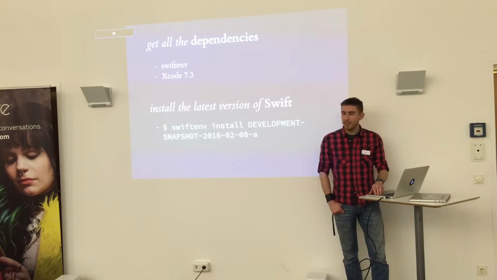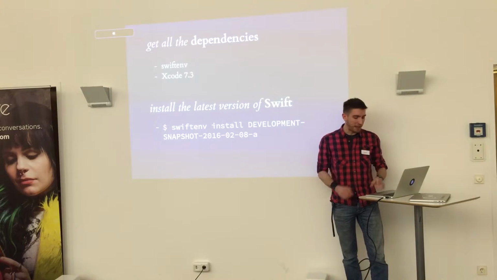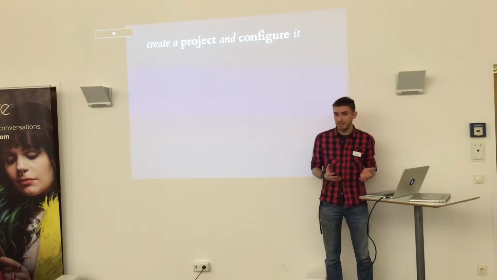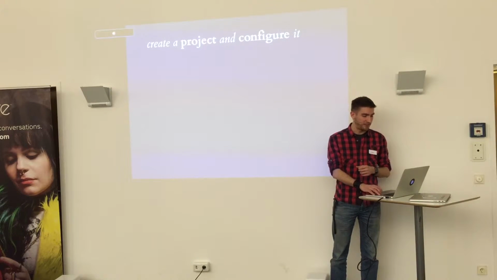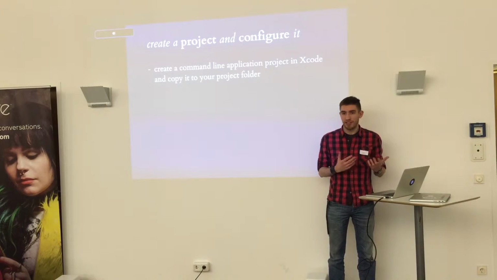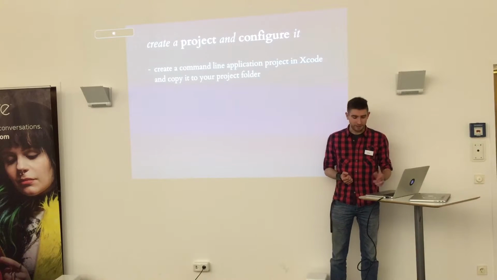So now that we have our dependencies and we have our nice project built in Swift with the Swift package manager, how do we actually integrate it? Well, you create a project somewhere else, you move it over to your Swift project, and then you configure it in there. First you create a command line application, because that's how you run Swift applications so far. You copy it to a project folder.